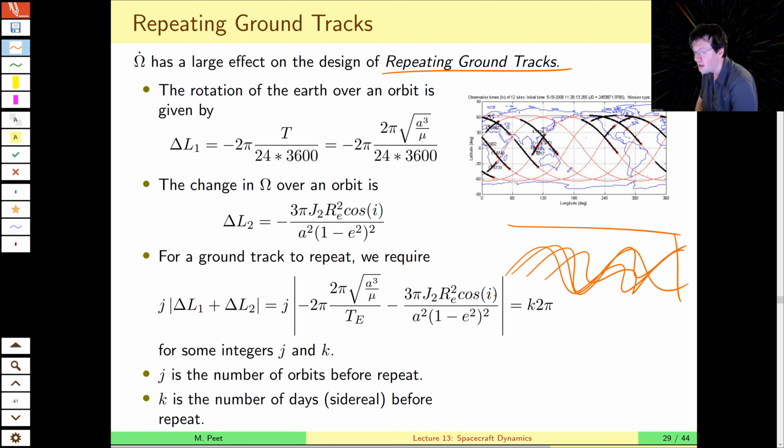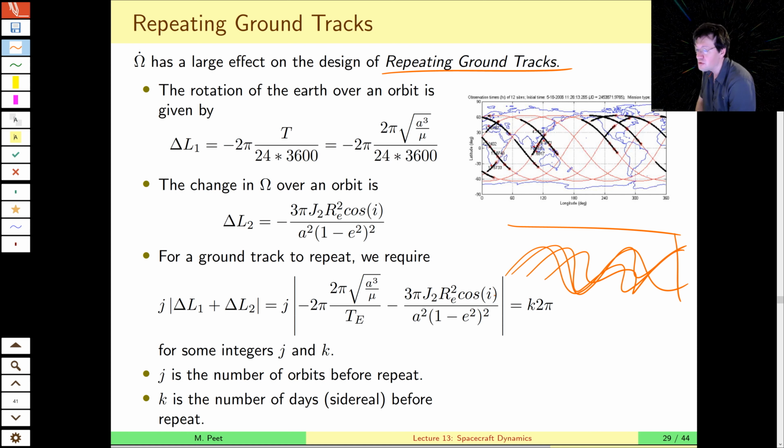However, it's generally desirable to have a repeating ground track for several reasons. The first of which is you always know where you're going to be able to communicate, or where you're going to be able to map, or survey.